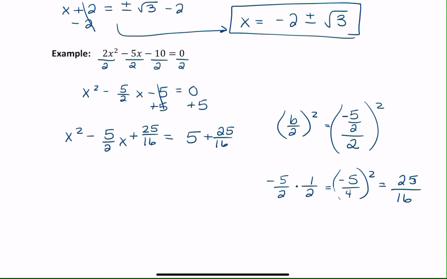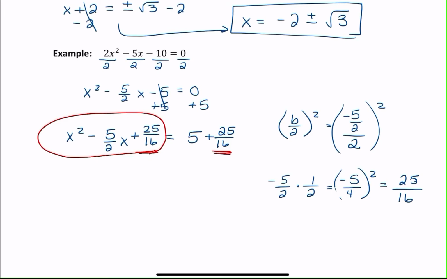Now, I don't think I mentioned it in the last example, but the reason you add it to both sides is because I'm keeping the equation balanced. I can't add something to one side and not add it to the other. I'm trying to make a perfect square out of this side of the equation, but if I add 25/16, then I have to do it on the other side also.